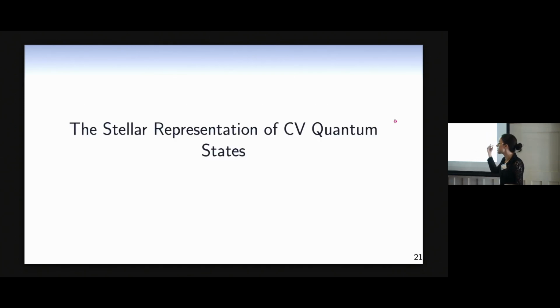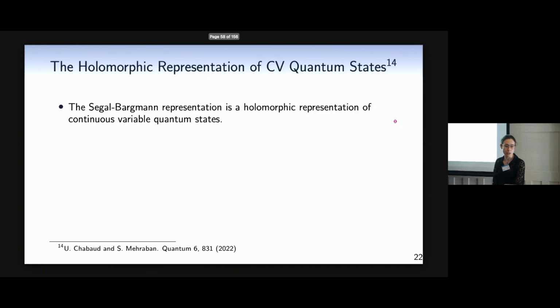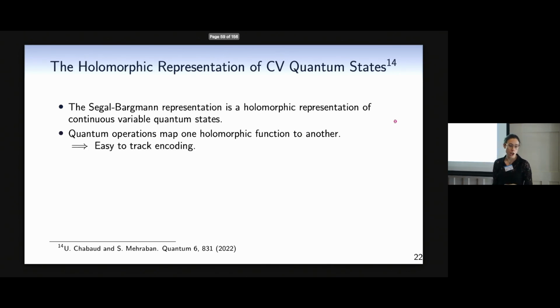So what is stellar rank? The stellar, or holomorphic, representation of continuous variable quantum states. We take the Siegel-Bargmann representation, which represents continuous variable quantum states as a holomorphic function, so that's everywhere differentiable on the complex plane. There are quite a few advantages of using this representation.